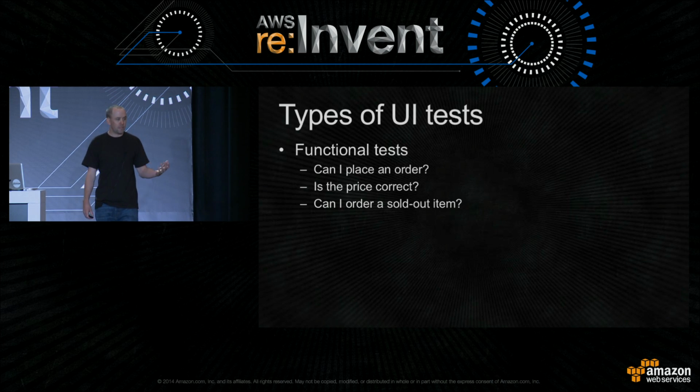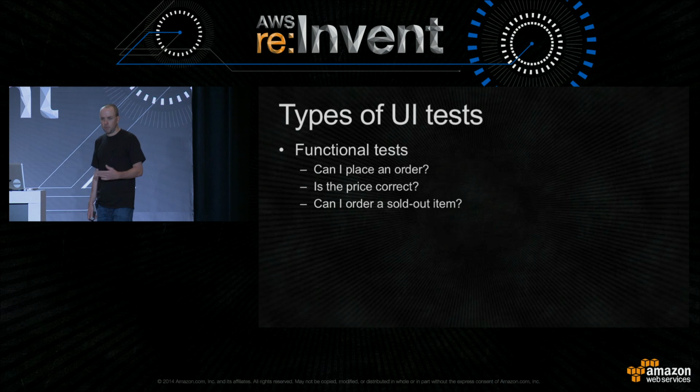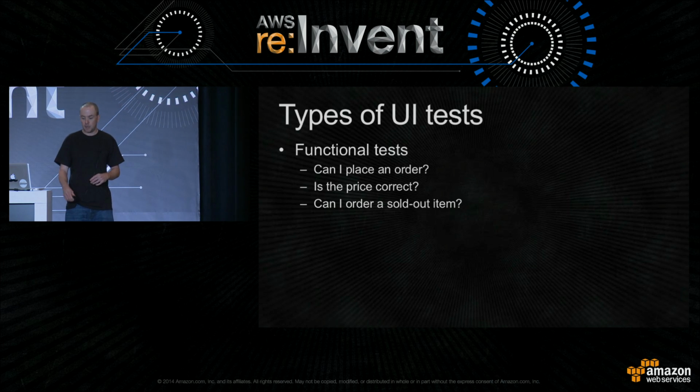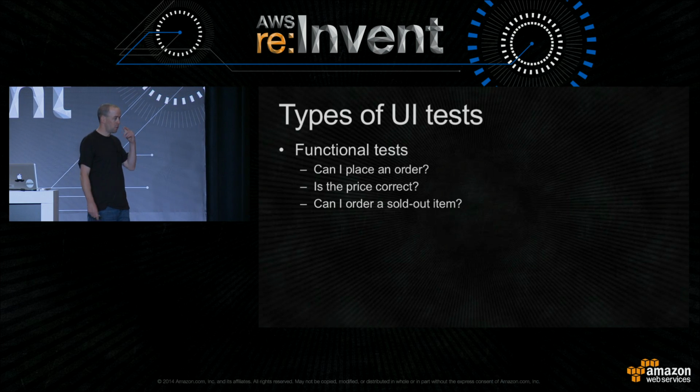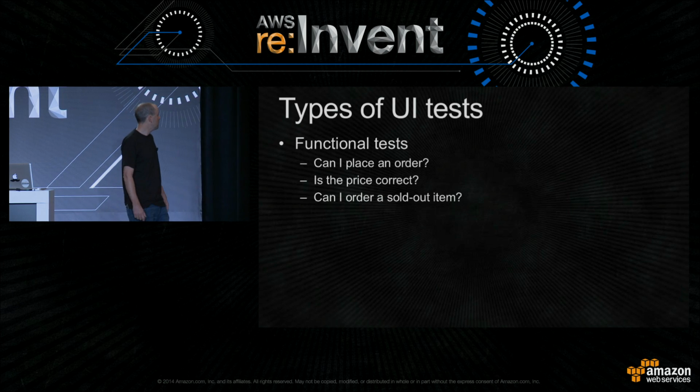We might have a test that validates that the price is correct, that you do something that would update the price of an item, and you want to make sure that that's properly reflected in the UI. And then we might have some negative test cases, like, can I order a sold out item? If an item is sold out, you want to make sure that somebody can't go through and purchase that sold out item. So those are a couple of the functional test cases that we might run at Amazon.